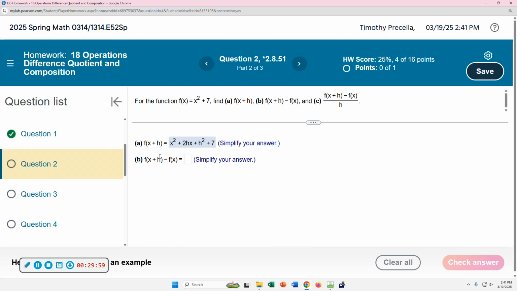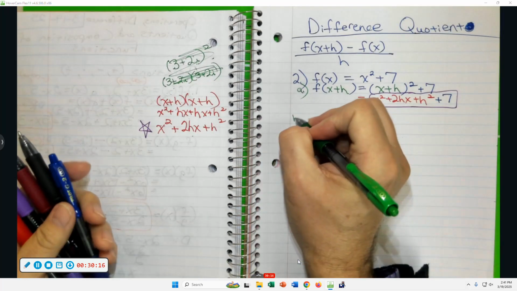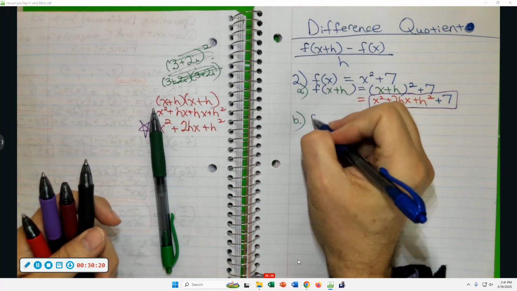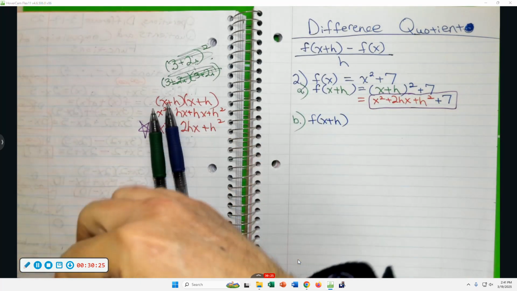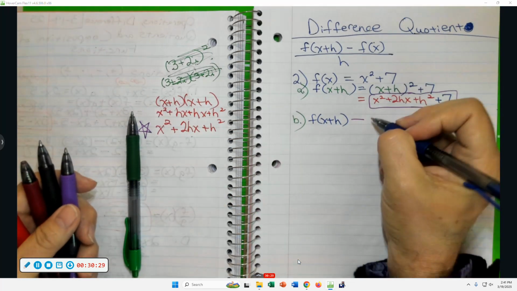Part B, they're saying, take what you just found in part A and subtract f of x. We're simplifying that entire numerator now. And if you understand what they're asking for, part B is actually easier than part A. We want to take what we just found, f of x plus h, and we're going to subtract the original function f of x.